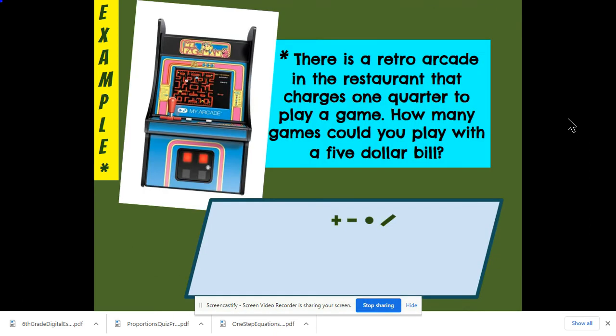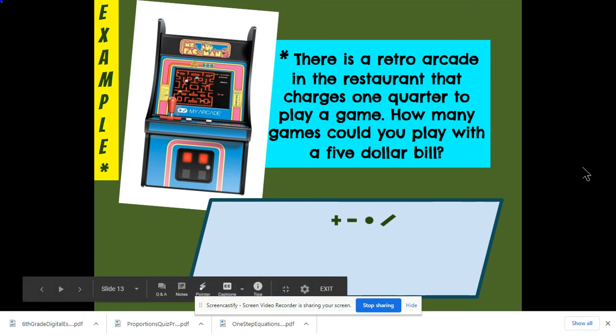Okay, you try 6 and 7. Oh, wait, before we do that, there is a retro arcade in the restaurant. There's 1 quarter to play a game. How many games could you play with a $5 bill? Lots of ways to solve this. You could mentally think $1 is 4 quarters, and so $5 times the 4 quarters is 20.